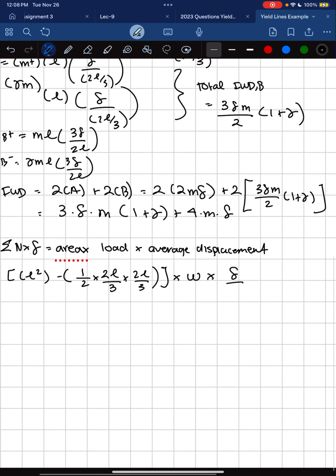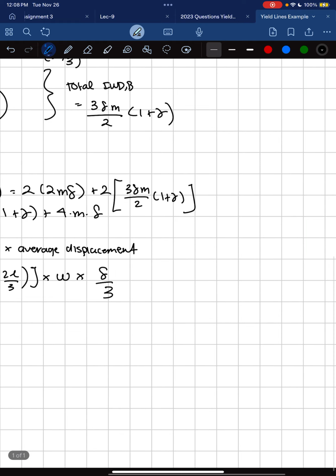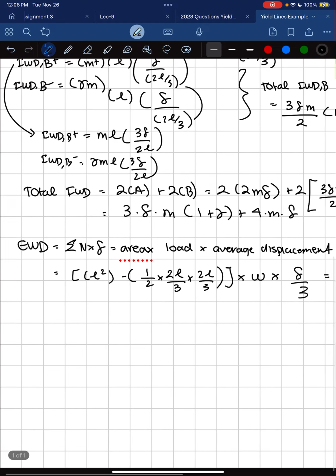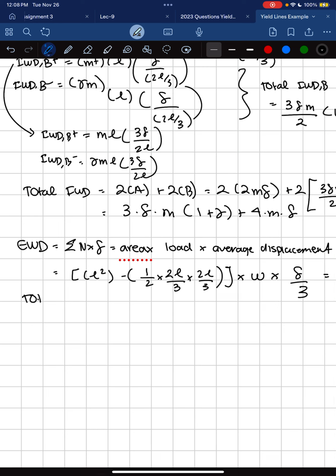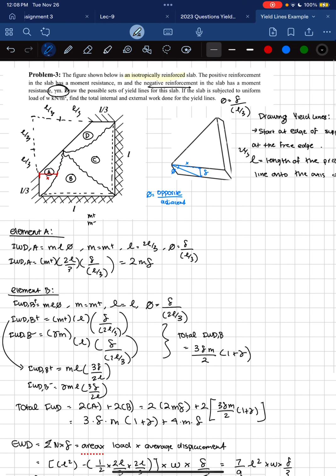So we use delta over 3. Then after solving for that, this part you just get 7 over 9 L squared times W times delta over 3. And so your total external work done is just 7 over 27 WL squared over delta. Yeah, and that's your final answer. That's what they're asking for.